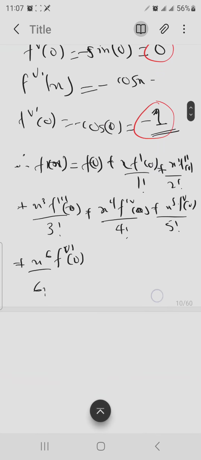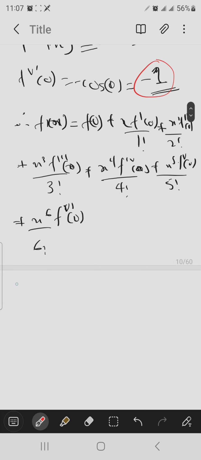So now, f of x. What's f of 0? What's our f of 0 from what we calculated? F of 0 from what we calculated is 1, plus x into bracket.